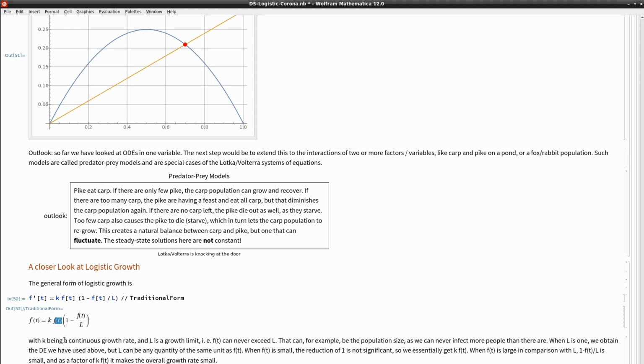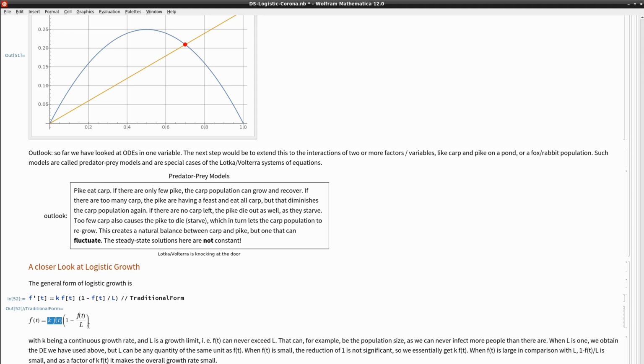So proportionality with, for example, the infected population, but also the saturation term where we have 1 minus f of t over L. So that means when we have L as a growth limit, then it makes sense to divide in the saturation term our term f of t by L. This is now a ratio that we're subtracting from 1. So for example, if the initial population is small, then we're subtracting only a very small fraction from 1. So that means we pretty much have the initial growth very strong as we had in the regular growth equation that we had earlier.